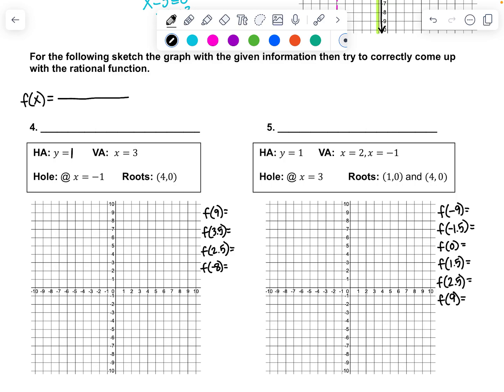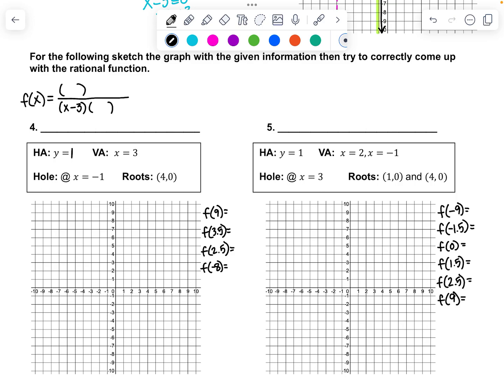Okay, so we know that the vertical asymptote comes from the denominator. So if I have x is equal to 3, that means the factor would have had to be x minus 3. The holes come from repeated factors in both the numerator and denominator.